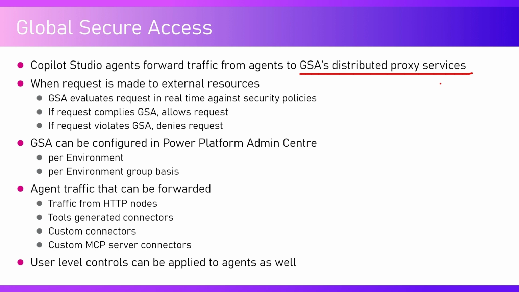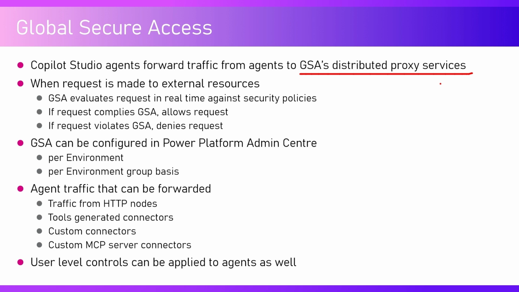Within those distributed proxy services, it undergoes URL filtering, content filtering, and threat intelligence filtering, and then a decision is made whether to pass the information further based on success, or because of failure that information might be blocked.